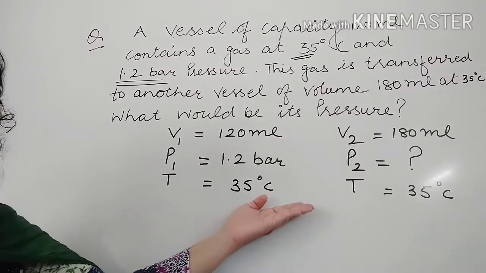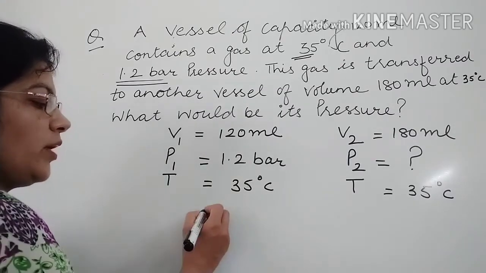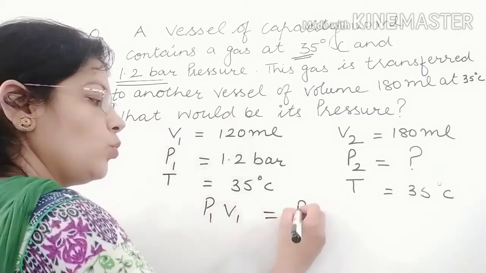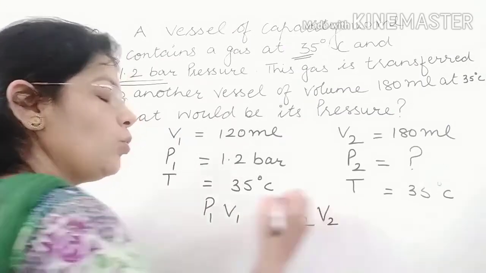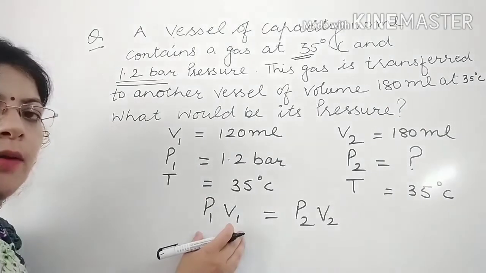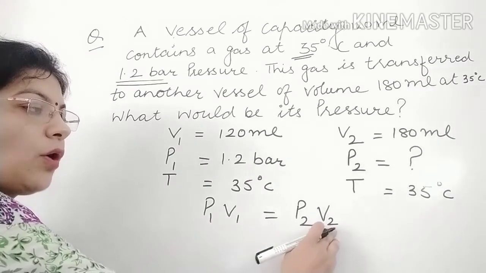So here we have to apply Boyle's law, as the formula for Boyle's law is P1 V1 equals P2 V2 at constant temperature. So here put the different values of P1, V1 and V2.